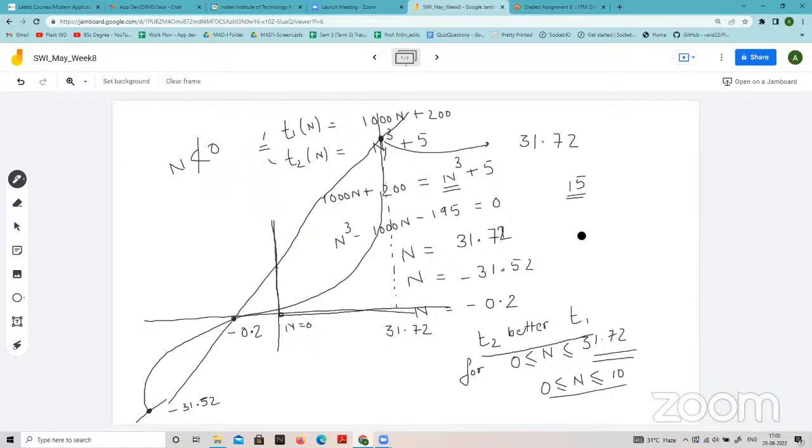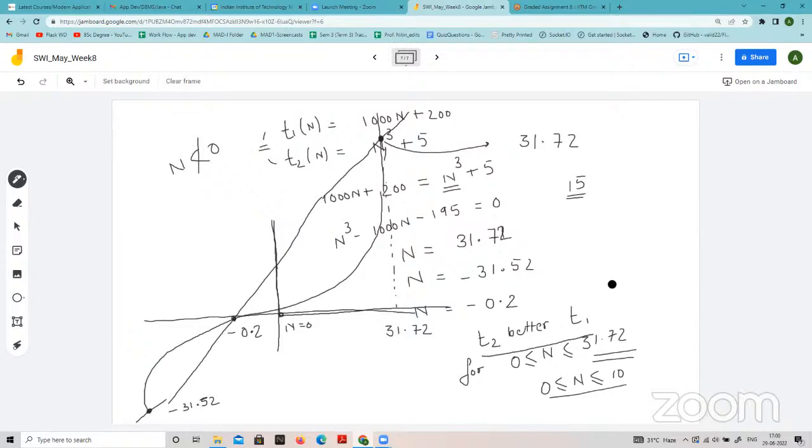That is not what we are trying to say with this question. Okay, so 31.72 makes the difference, not 10. So you cannot have this confusion that for 15 also T2 is better than T1, then what does 10 mean? 10 means just the size of input we are specifying.